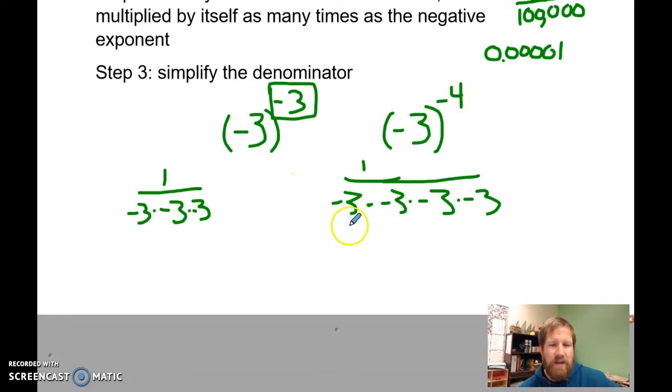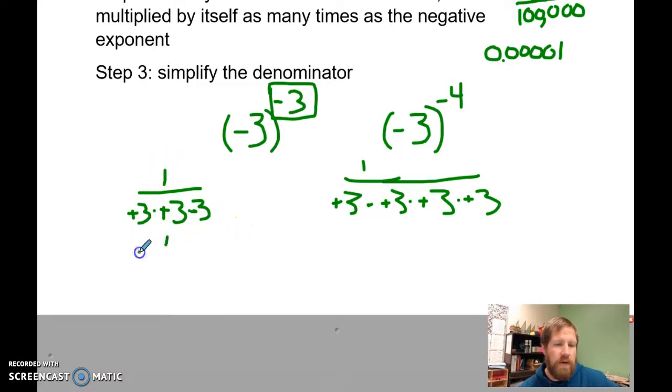The reason for that is we're multiplying, and if each of the numbers we're multiplying is negative, we are going to take away negatives for each pair, because a negative times a negative is a positive. When we have an even exponent, we'll be left with all positives. When our exponent is odd, we're going to be left with 1 negative hanging out there at the end, and that's going to turn our whole answer negative.